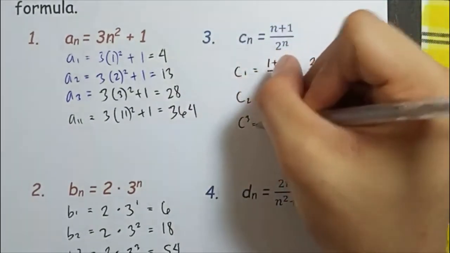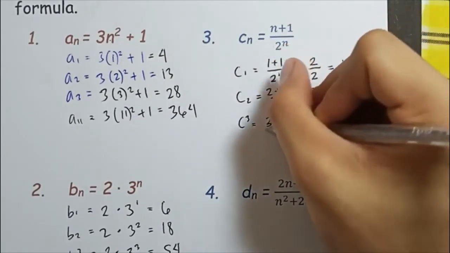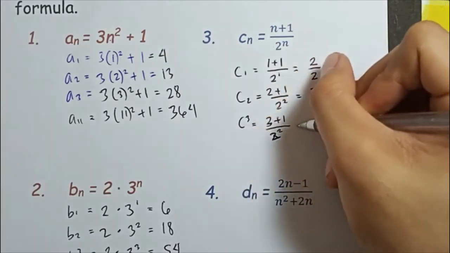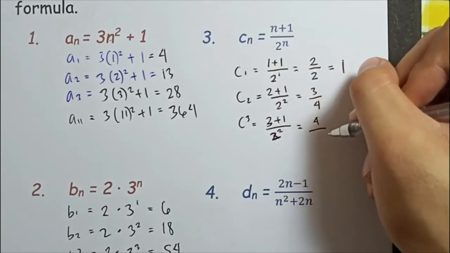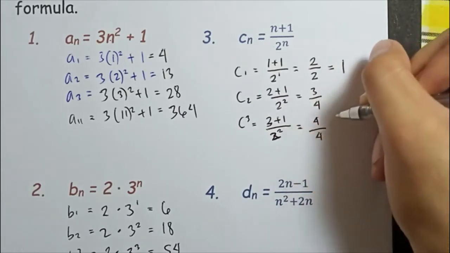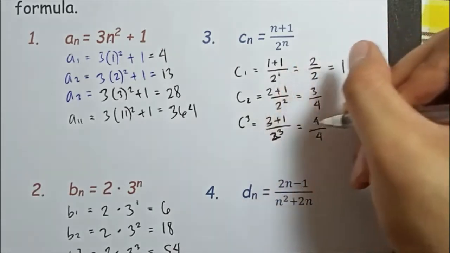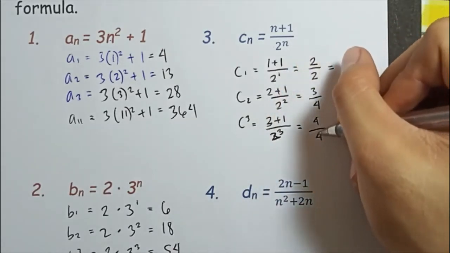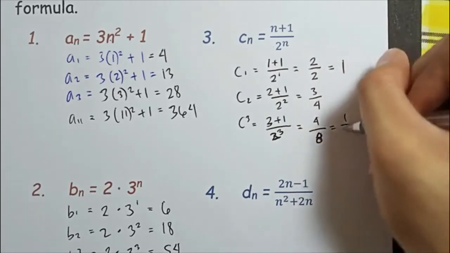Next, c sub 3 equals 3 plus 1 over 2 squared equals 3 plus 1 is 4. 2 squared is 4. Tama ba? Ay, 2 cubed pala, 2 cubed is 8. So, 4 over 8 is 1/2.